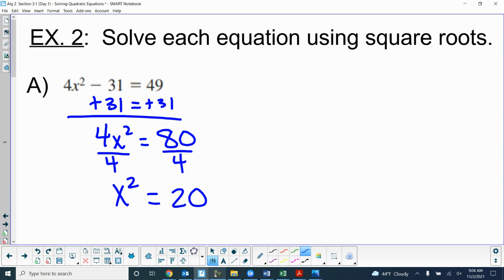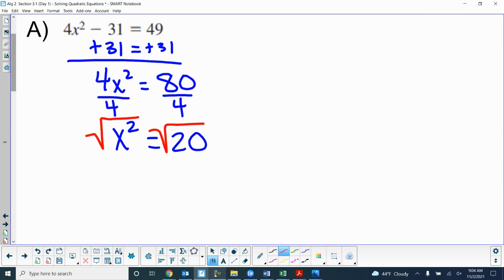Now, how do I turn an x squared into an x? Well, square root it, yeah. So that's what we're doing when we don't have a b value. We're going to get the x squared alone, then we're going to take the square root of both sides. Now, when we do this step, our answer will always have this symbol in front of it, plus or minus. Don't forget that.